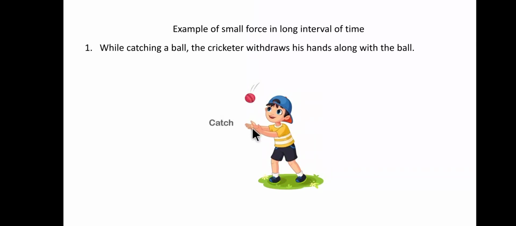The force will be very less, but if the time interval is not increased, that means if the cricketer does not withdraw his hands along with the ball while gripping it, then the time duration will not be more. If the time duration is not long enough, then with very small force you cannot stop the ball. So in order to catch the ball by applying very less force, you have to withdraw the motion of hands along with the motion of the ball.